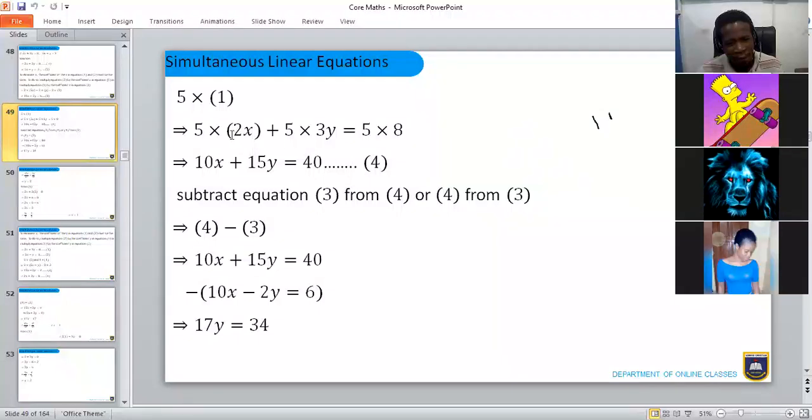So we have 5 times 2x plus 5 times 3y is equal to 5 times 8. When we simplify, that is going to give us 10x plus 15y is equal to 40.